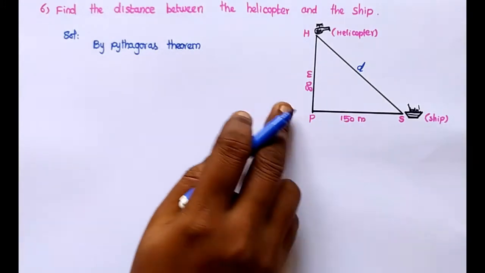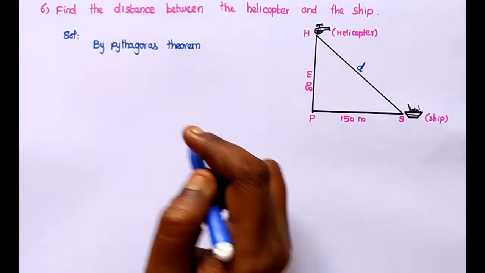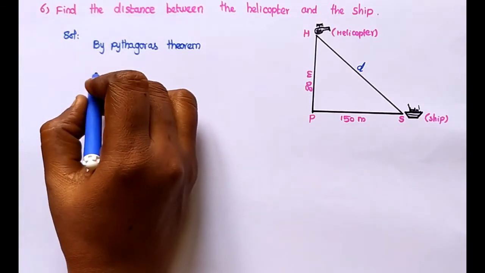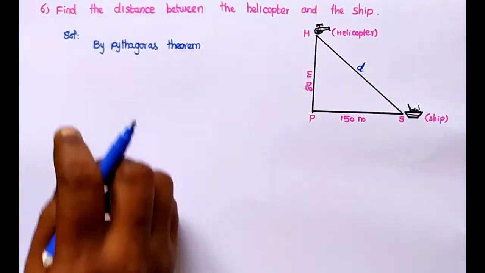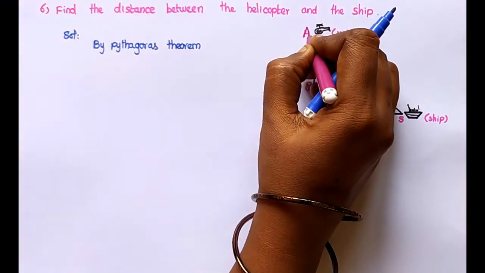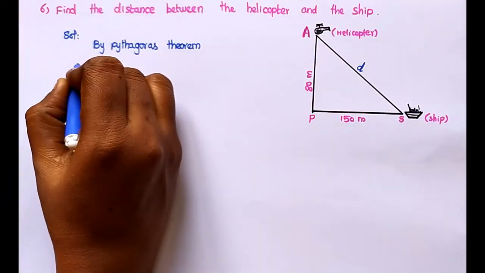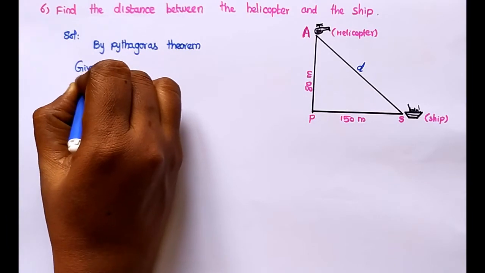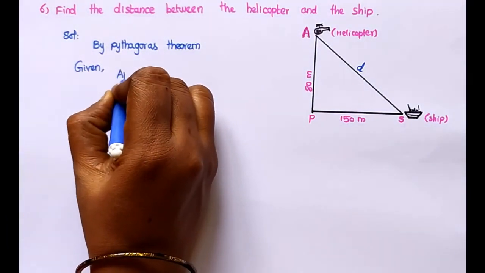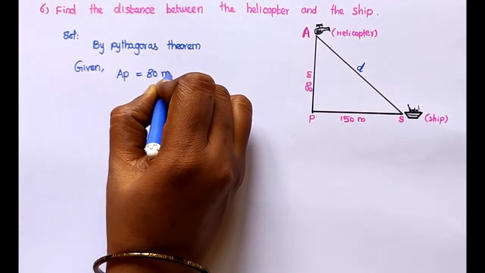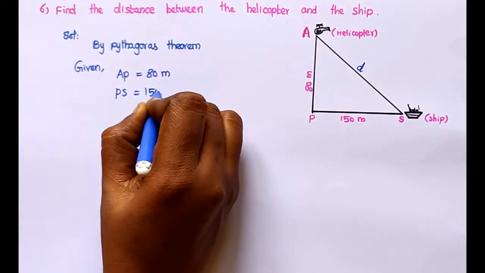Listen. AP, PS they given, right? We have to find out AS. Listen, first given AP equal to 80 meter and PS equal to 150 meter.